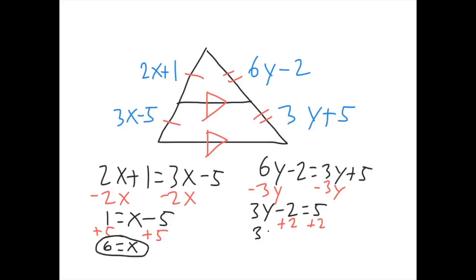Gives us 3y equals 7. Divide both sides by 3. And that'll give us y equals 7/3, or 2 1/3 if you want a mixed number. So in that case, you just solve for x and y, figuring out that if these two are congruent, then these two are going to be congruent.